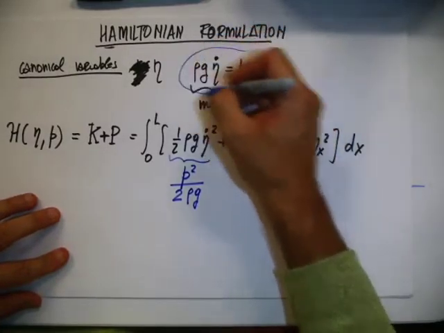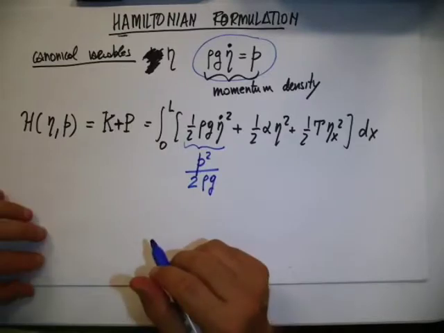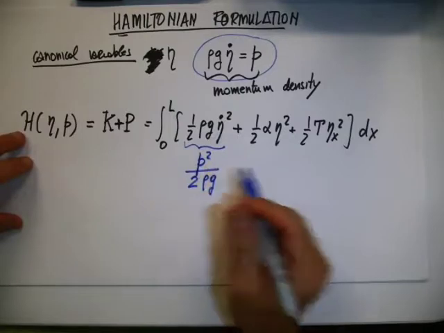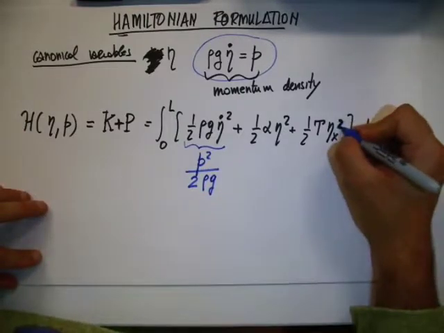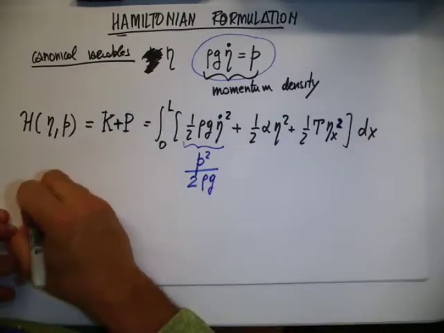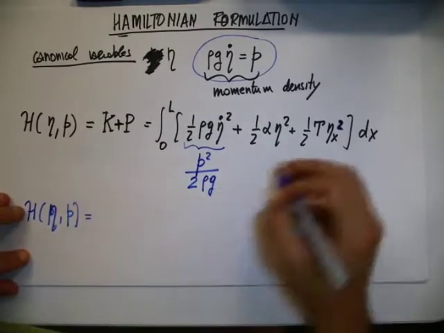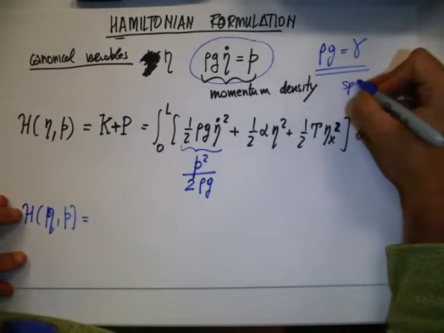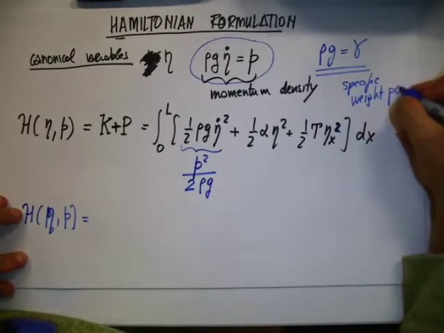Okay, and as you can see, we have now defined the Hamiltonian. But let's see if it's a good Hamiltonian. If it's a good Hamiltonian, this energy should be conserved. So the Hamiltonian, which depends upon eta and p, is going to be equal to... let's call rho g equal gamma, the specific weight per unit length.